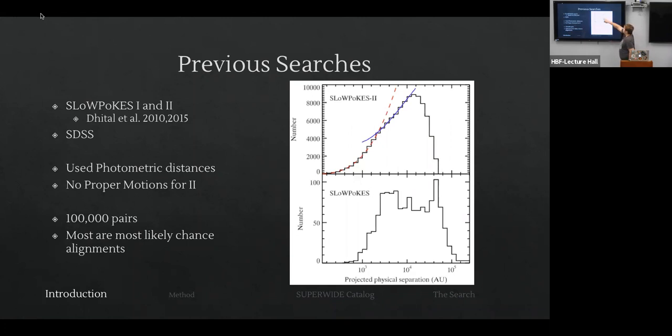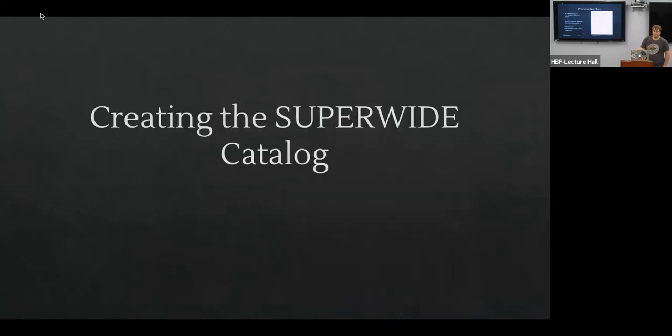SLoWPoKES 2 just kind of keeps going. And we'll get into this later on, but we believe that most of these in SLoWPoKES 2 are most likely chance alignments because at the super large distance, I mean, you're at 10 to the 5, 10 to the 4.5 AU, you start to see, if you're looking at lower probability pairs, chance alignments in Gaia DR2, you get a peak roughly around there, and that's why we think that most of those are chance alignments.